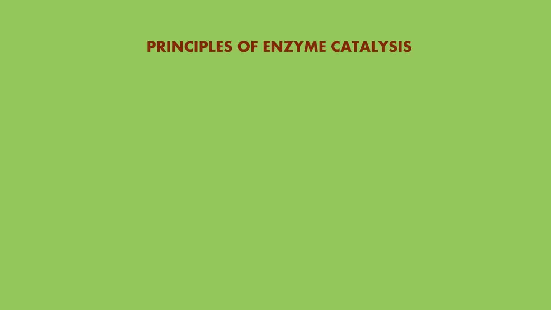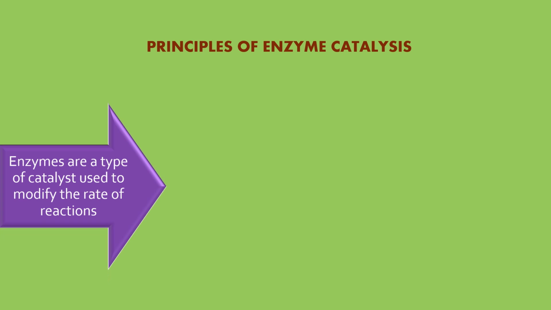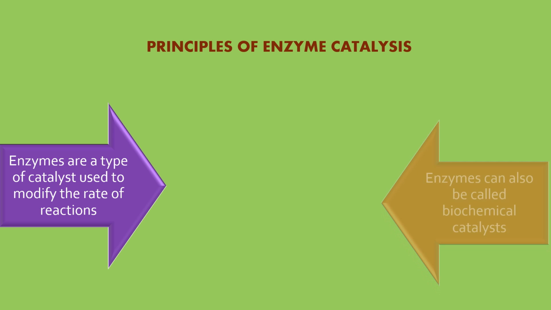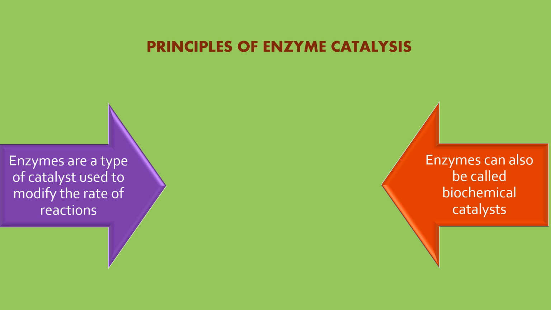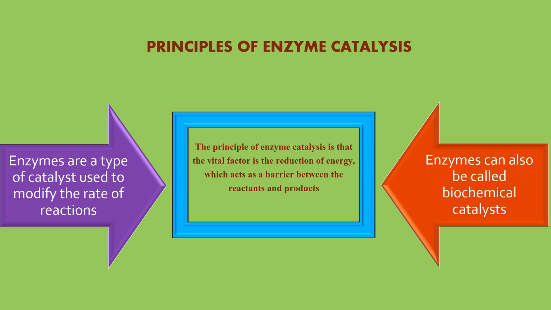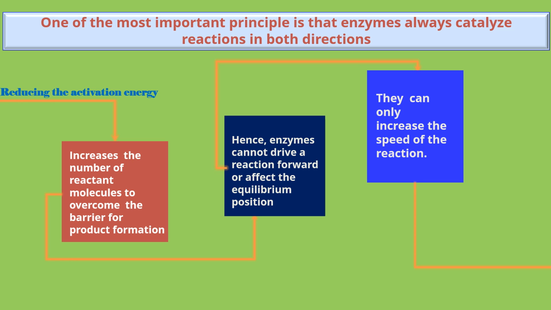Principles of enzyme catalysis. Enzymes are a type of catalyst used to modify the rate of reactions. These are also called biochemical catalysts. The principle of enzyme catalysis is that the vital factor is the reduction of energy, which acts as a barrier between the reactants and the products.